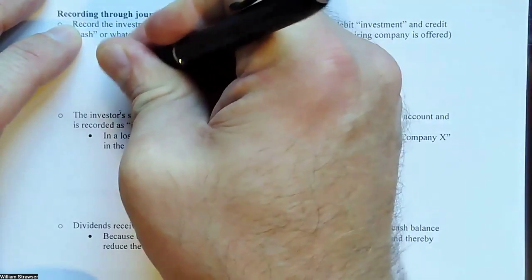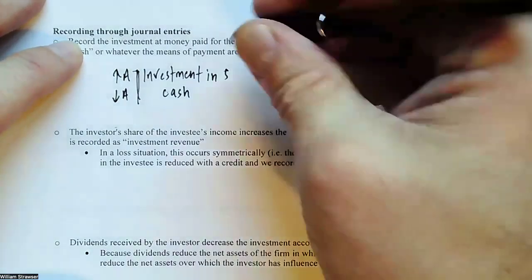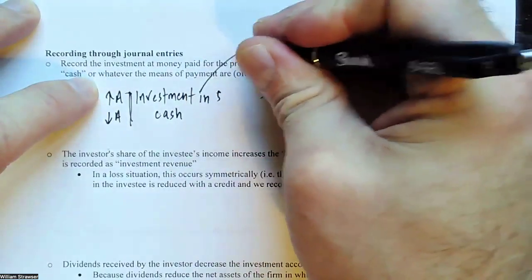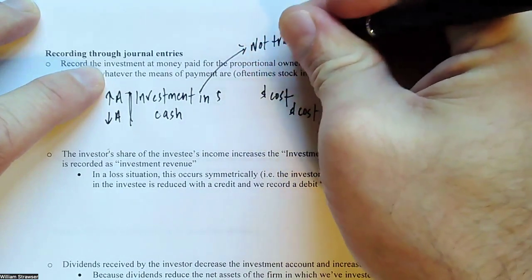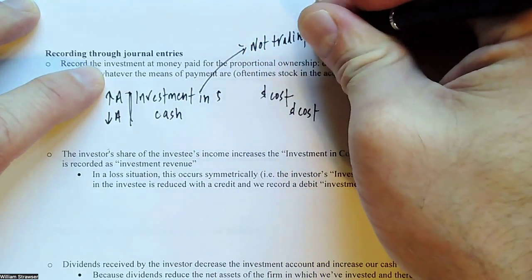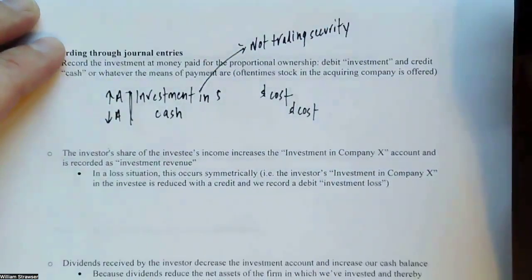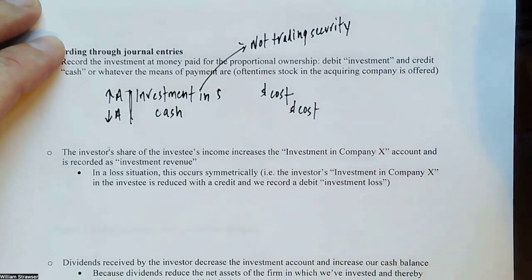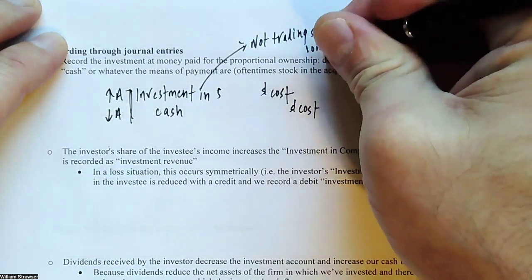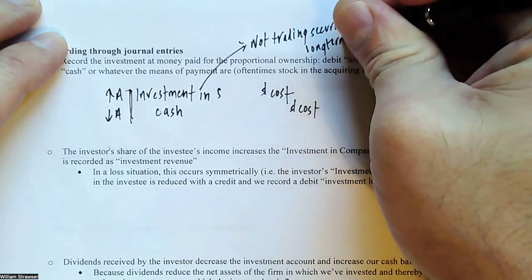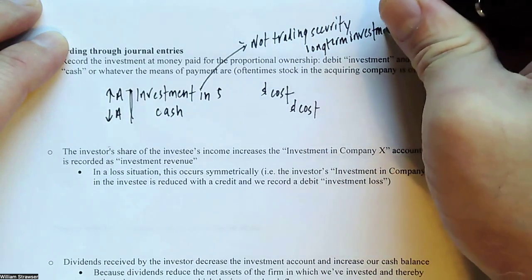A distinction between the equity method and the fair value method is this investment in S account is not trading security anymore, because we don't have insignificant influence and we're not that day trader looking for just a stock price fluctuation to trade on, but rather this is a long-term investment, right?